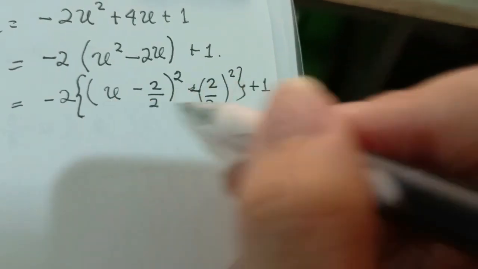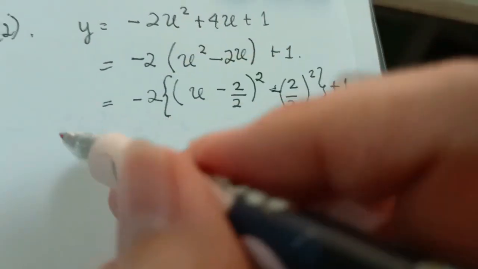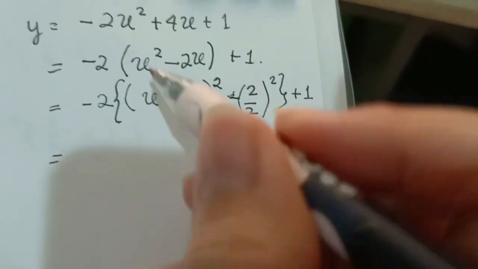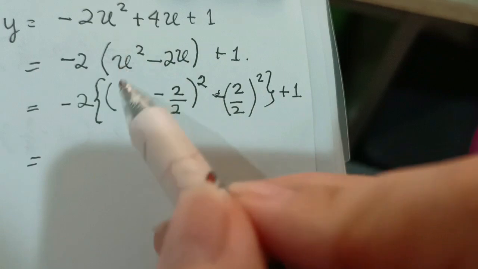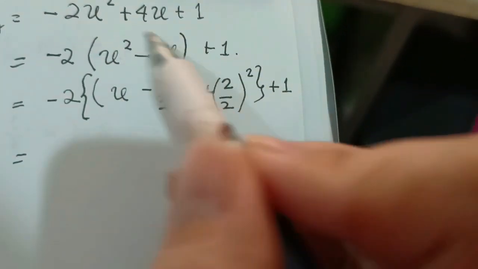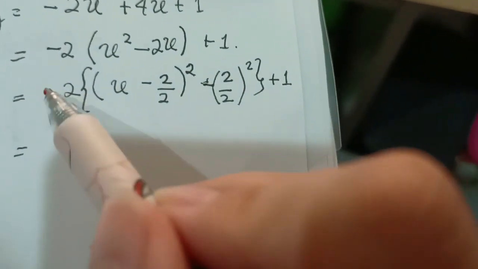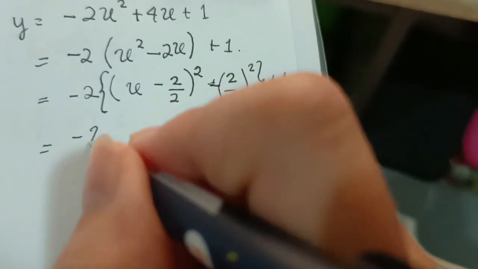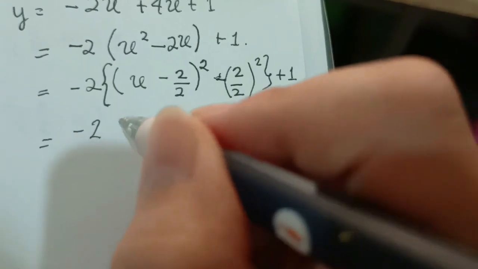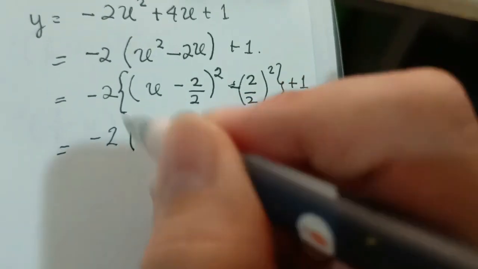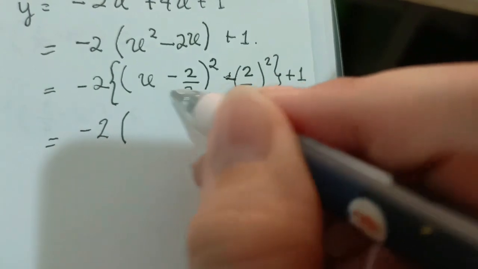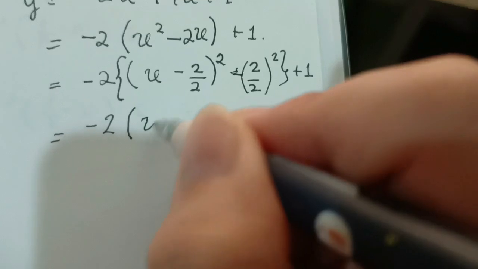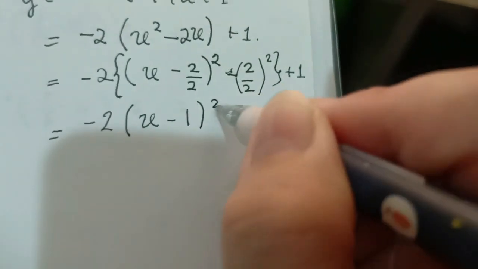Okay, this is one form. Now we are going to open this bracket, right? Because this is only this one, this is only this one without the 2. So we have to open the bracket. Now still minus 2. Minus 2 multiply x minus 2 per 2 quadrat becomes minus 2 in the bracket x minus 1 quadrat, right?